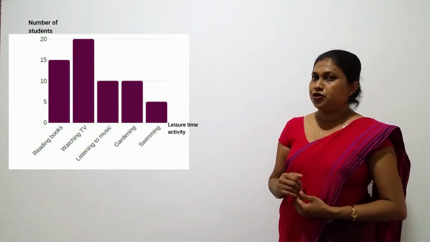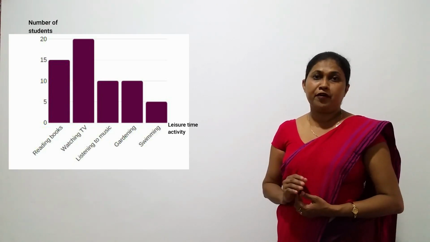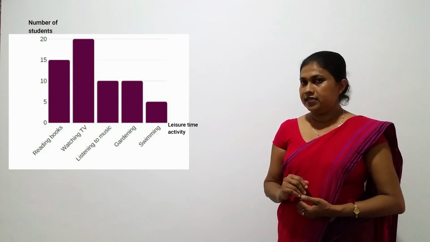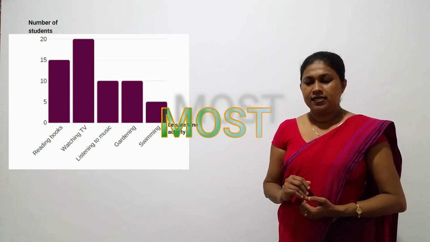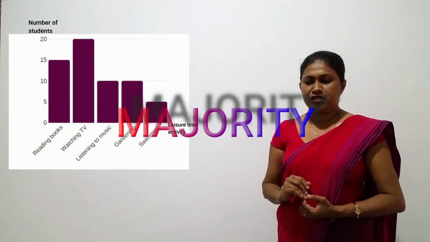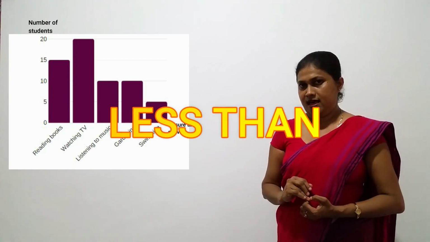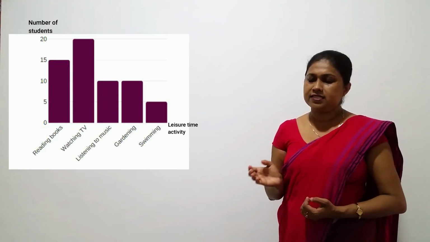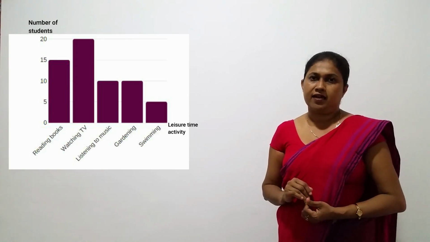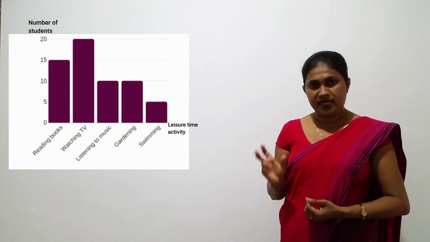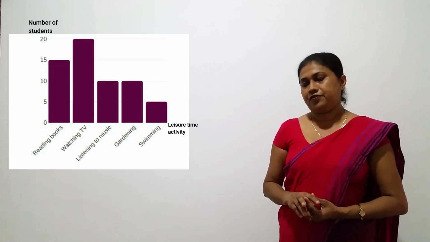Then I will show you the words that you have to use to describe this chart. The words are most, least, majority, minority, equal and less than. So these are the words that you have to use to describe this chart. In your examination also you will be given such a set of words.